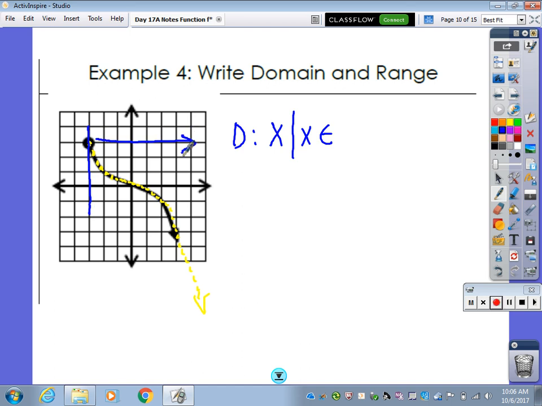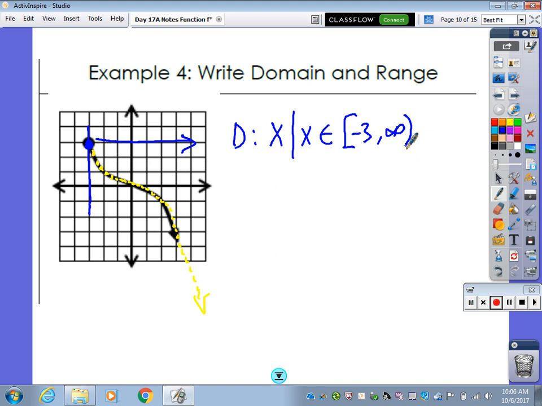All the x values, -3 and up, are used in this graph. So I will use -3 and up to infinity. -3 is an actual value we can use in this function. It's shown as a filled point, and infinity is a value we don't know, so we cannot use it in our function. So I will use an open bracket, a regular parenthesis, for that.